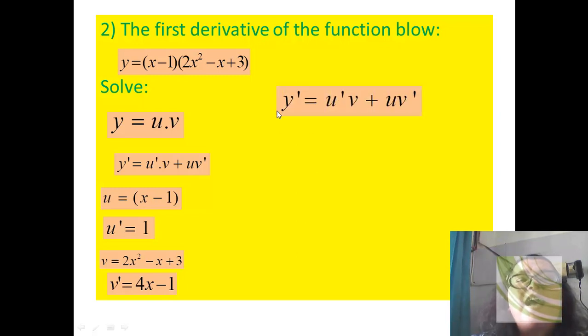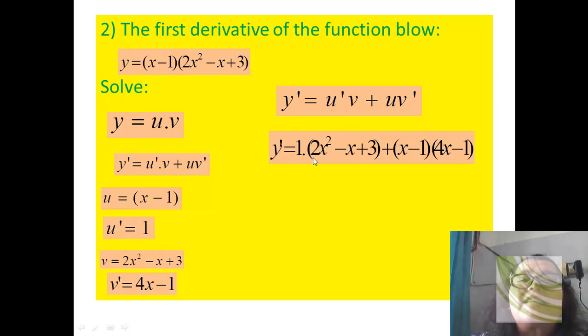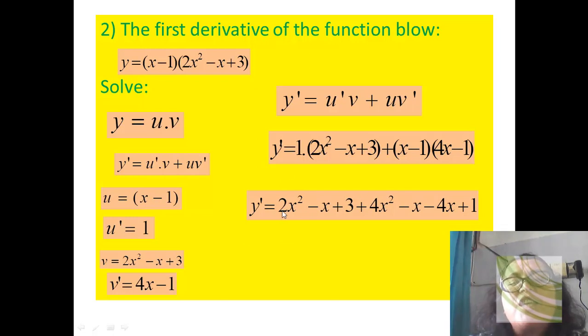We go on: y prime equals u prime times v plus u times v prime. So we have 1 times (2h squared minus h plus 3) plus (h minus 1) times (4h minus 1), which gives 2h squared minus h plus 3 plus 4h squared minus h minus 4h plus 1.